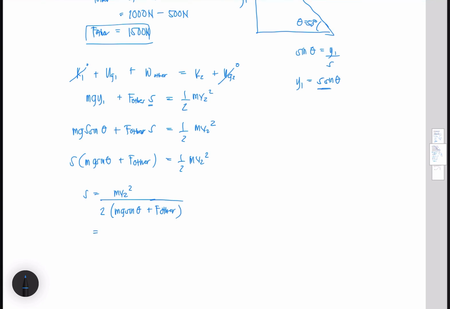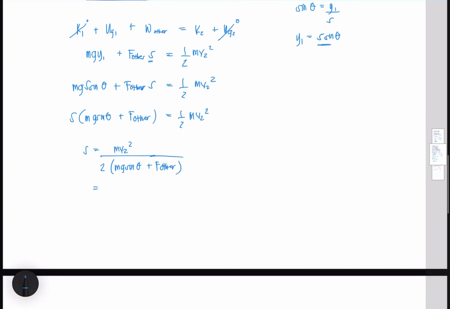Okay, and so substitute na natin yung values so that we can solve for S. We have there 1,500 kilograms times the speed at the bottom, and so 50 squared, all over 2 times 1,500 times 9.8 sin 53 plus 1,500.